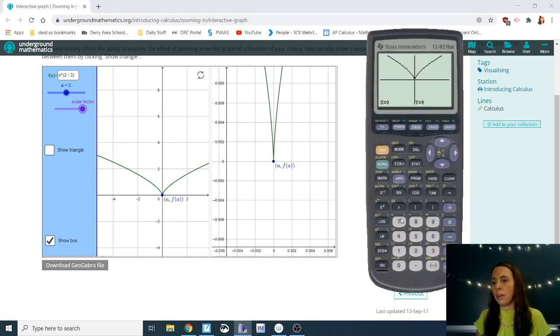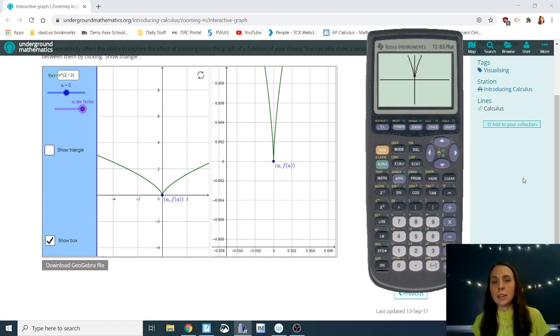Going back to the calculator, if I keep zooming in, it's looking pretty similar, right? Yeah, and I'm not going to keep doing this to take up any more time, but I'm zoomed in a whole lot there. Look at my window. My window is very small on both axes, and I'm not seeing a line.